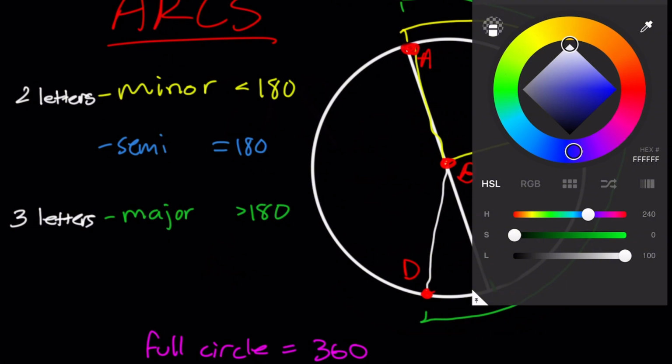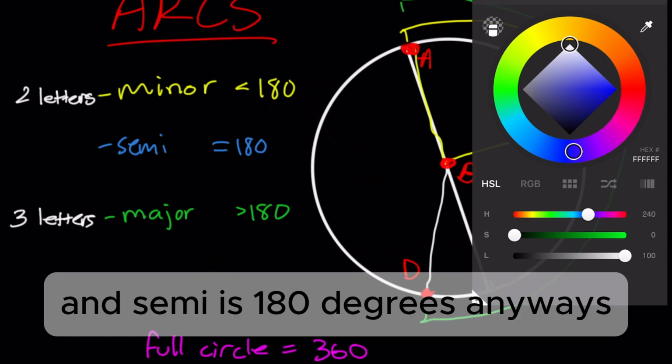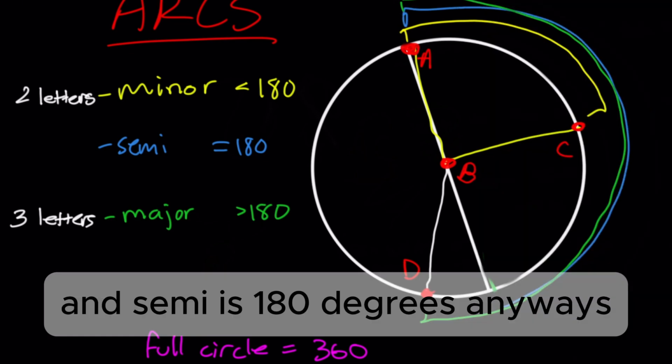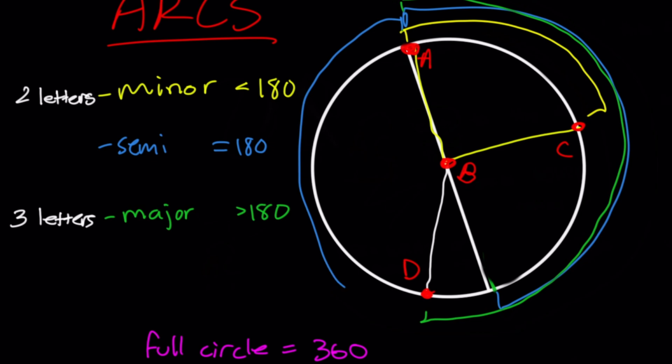Semi is probably 2 letters, but semi will be straightforward, because you could go either way for semi. You can go this way, or you could go that way. Again, I went the wrong way for getting this ACD arc.